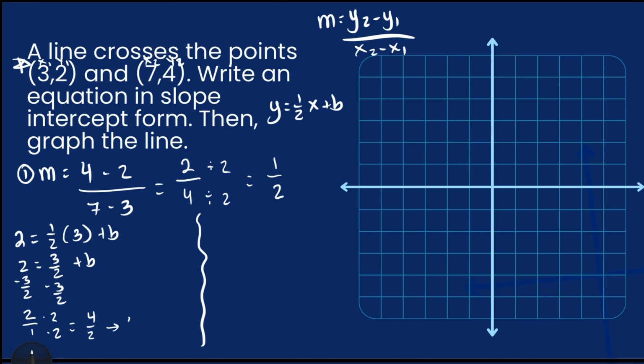So I could rewrite this as 4 over 2 minus 3 over 2, which is equal to 1 over 2. Therefore, b is equal to 1 over 2. So I will rewrite this as y equals 1/2 x plus 1/2, like that.